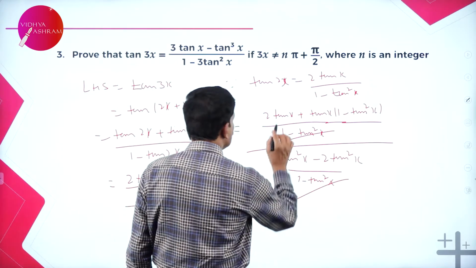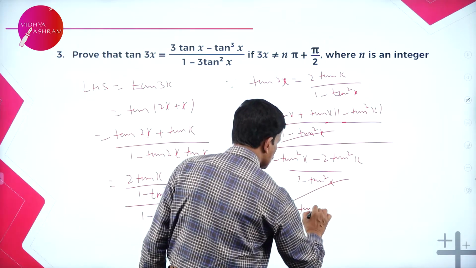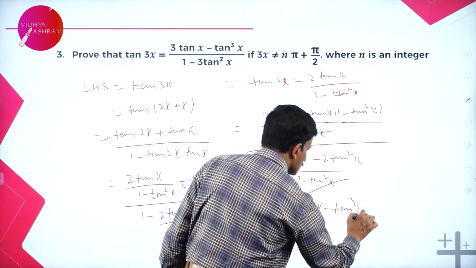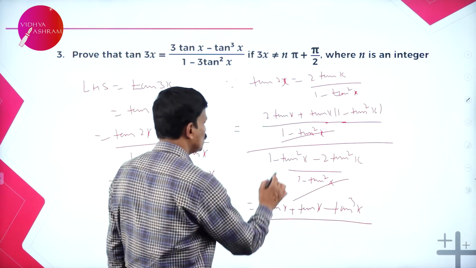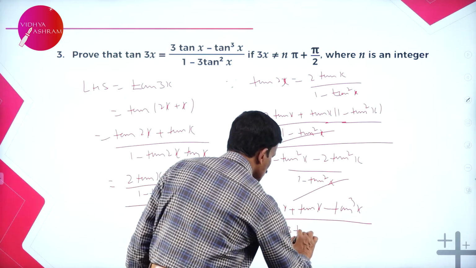Just simplify this: 2 tan x plus tan x into 1 is tan x, minus tan into tan square is tan cube x, divided by, in the denominator, 1 minus tan square minus 2 tan square is 3 tan square x.